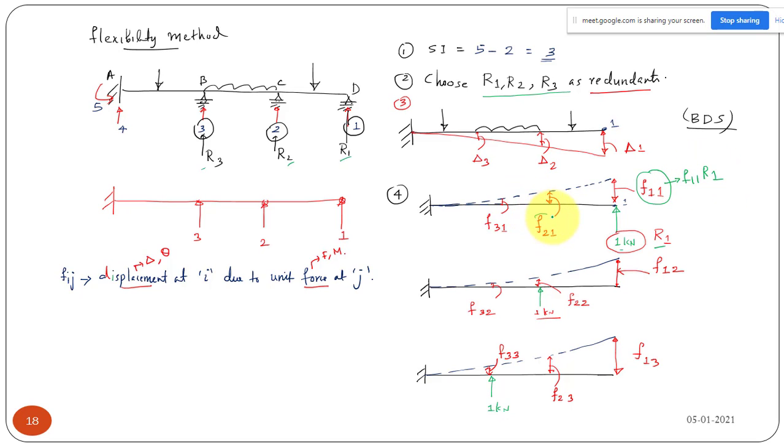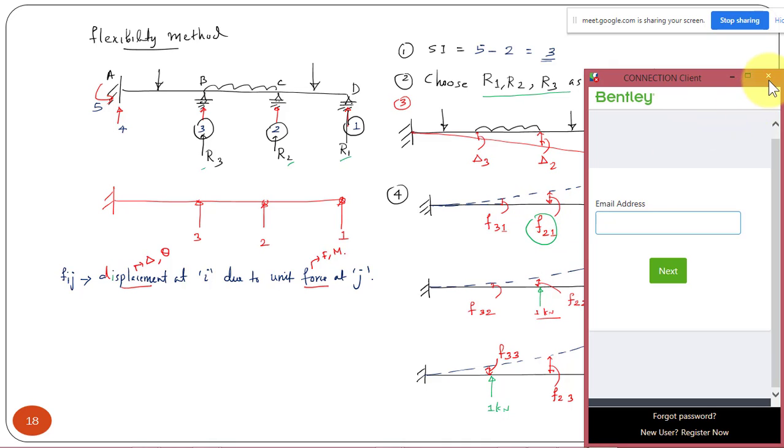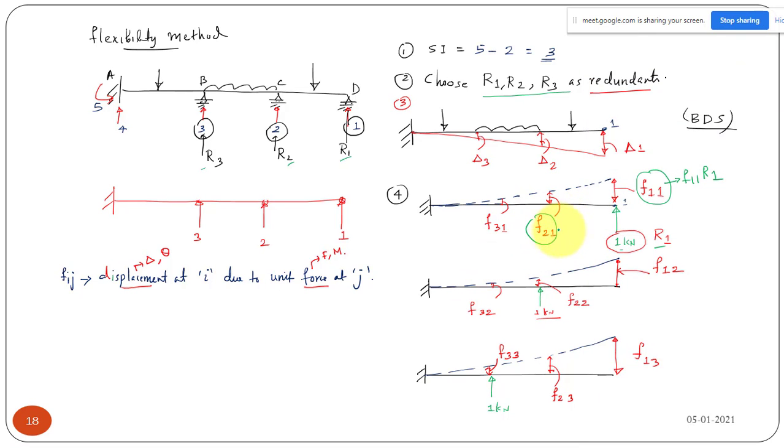What about the next point? That will be F21 into R1. And at this point the deflection will be F31 into R1.